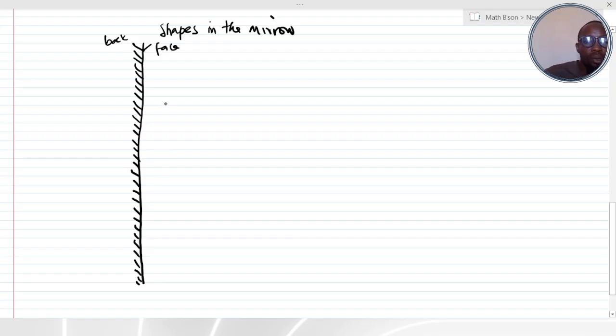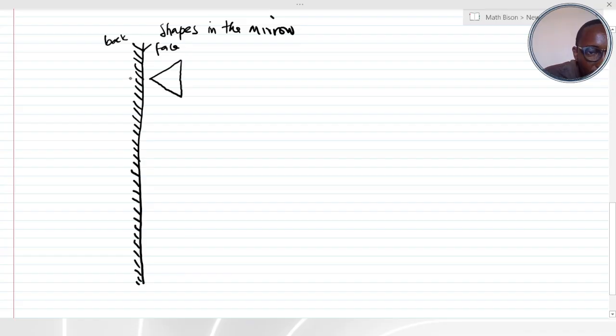Now, being a plane mirror, what happens if I draw a shape on this side? Take, for example, we have this, this, and this. What do you expect to see inside the mirror? Inside the mirror, the space between the mirror and this figure will also be there.